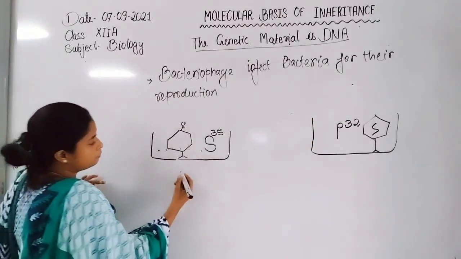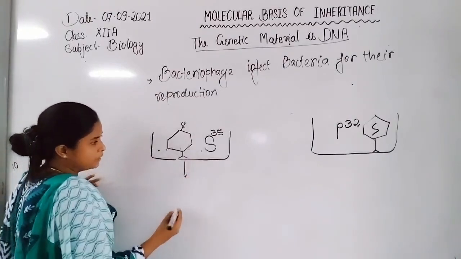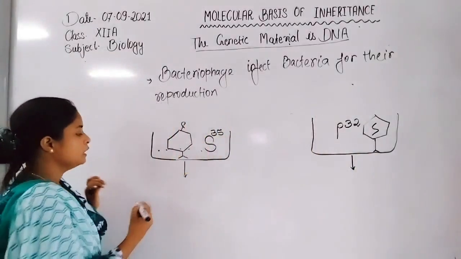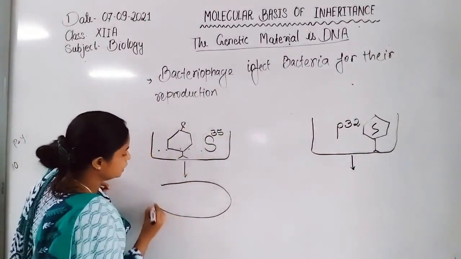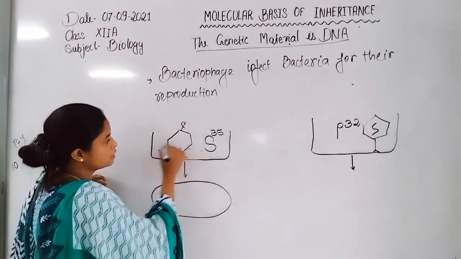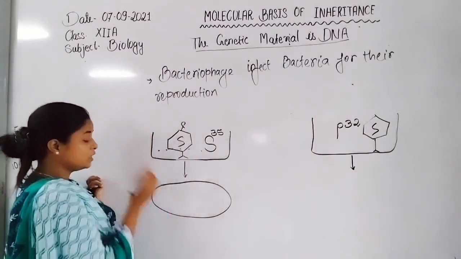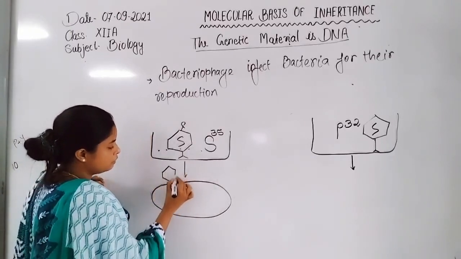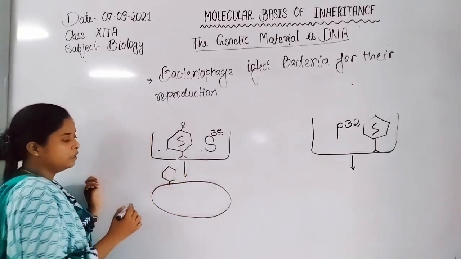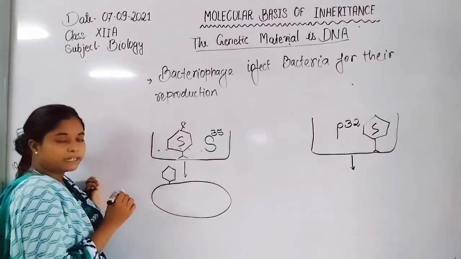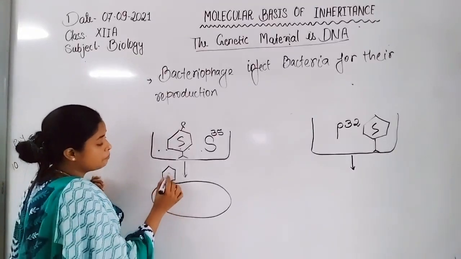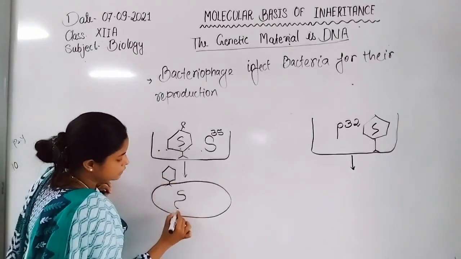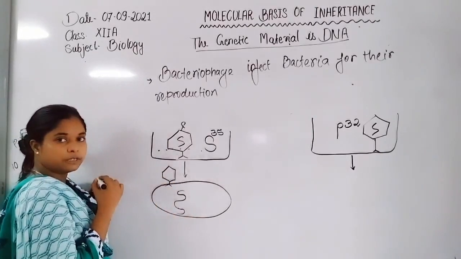Now, after the growth of these bacteriophages, they transferred them separately into two different groups of bacteria. The bacteriophage infects bacteria by transferring only its genetic material. Here is the bacteriophage genetic material.